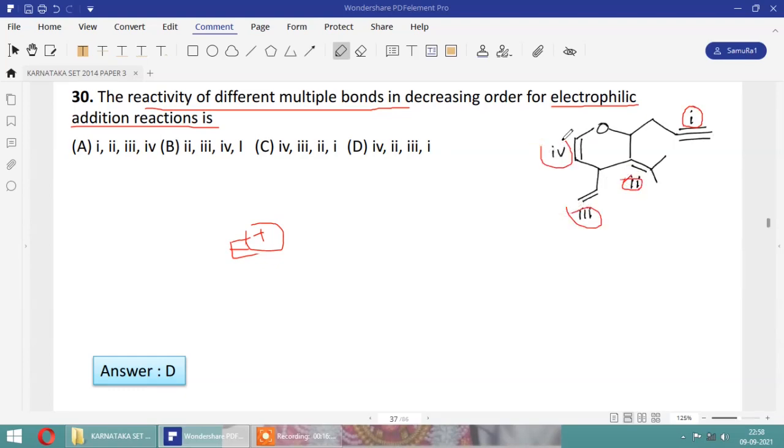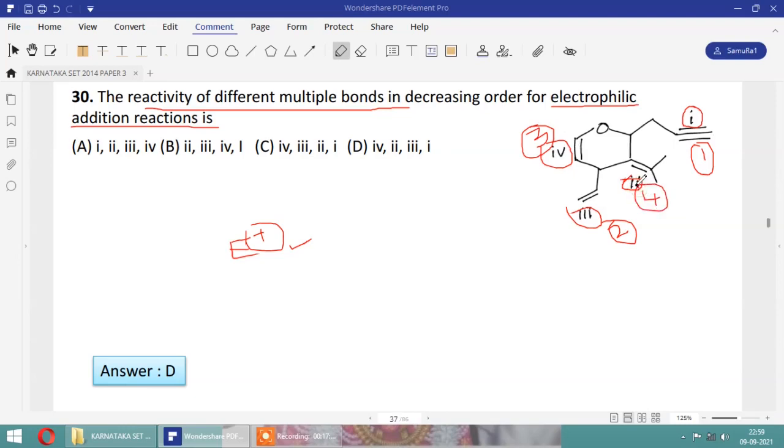So what is the priority? They are asking the priority. Now this electrophile approaches the electron rich center. You remember that one. So we will give the priority, this is 1, first priority, and we will give the second priority to this, and the third priority for electrophile addition is this, and the last fourth priority, because this is due to bridged carbon, here you give fourth priority.